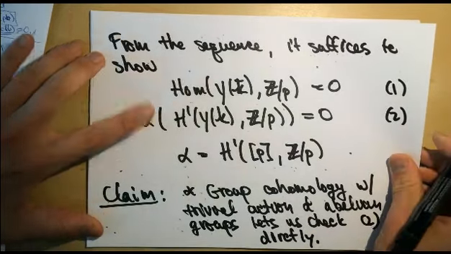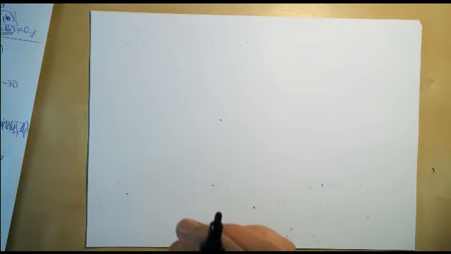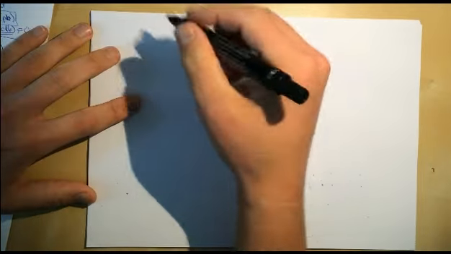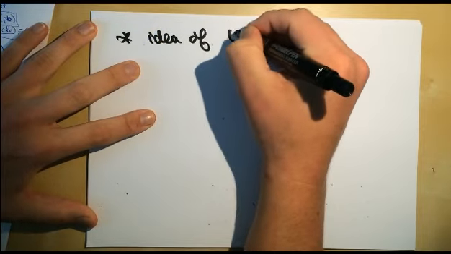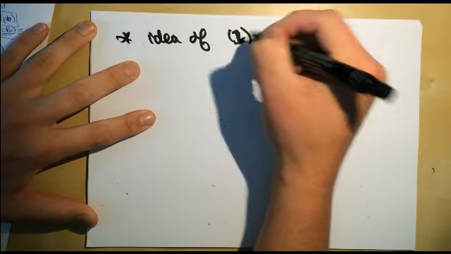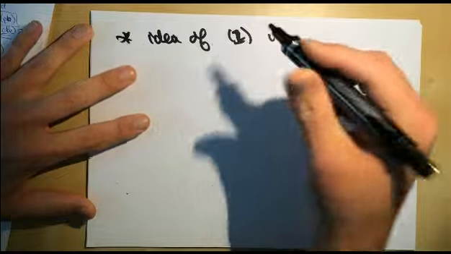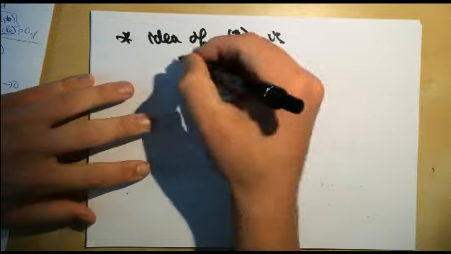Okay, and then the second part here, or the first part, I think the idea is the following. The idea of 1 is that, well, okay, so here's what happens.